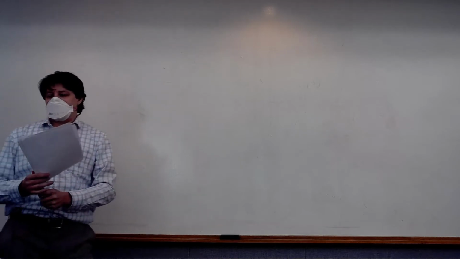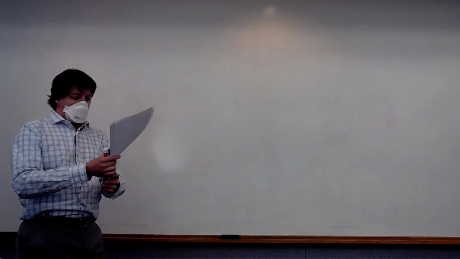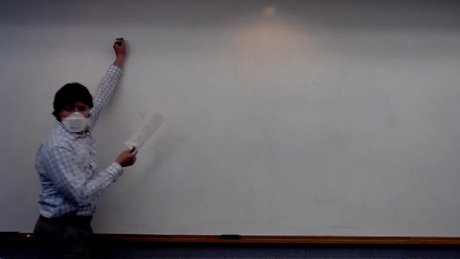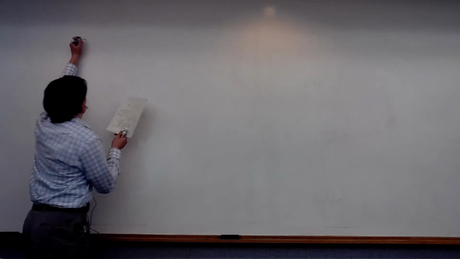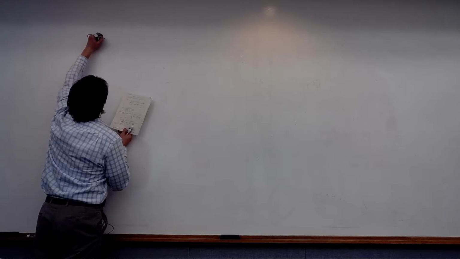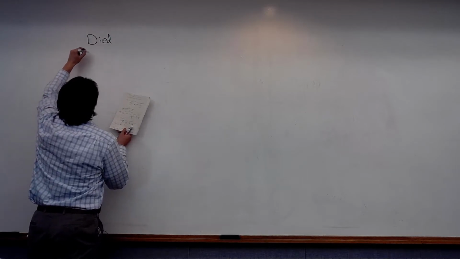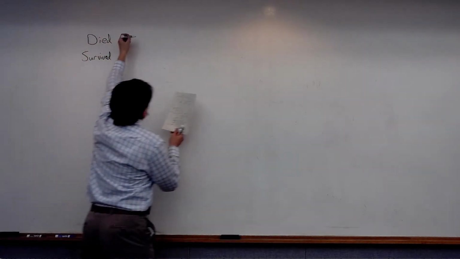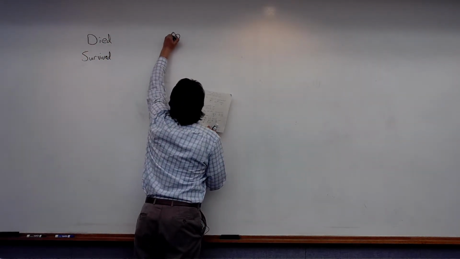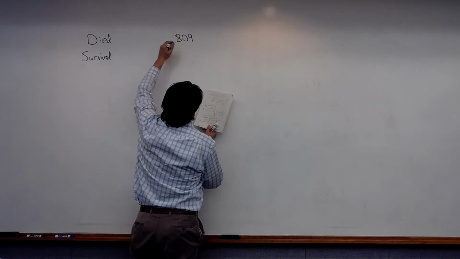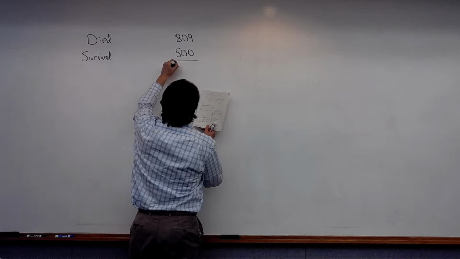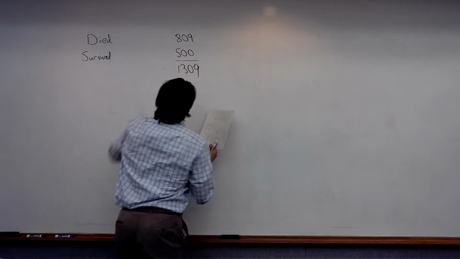Okay, so I'm going to put up the Titanic data. I don't know if you made this exact pivot table, but you probably made one very similar. So we had data on whether or not people died or survived. We knew that 809 died and 500 survived for a total of 1,309 passengers.